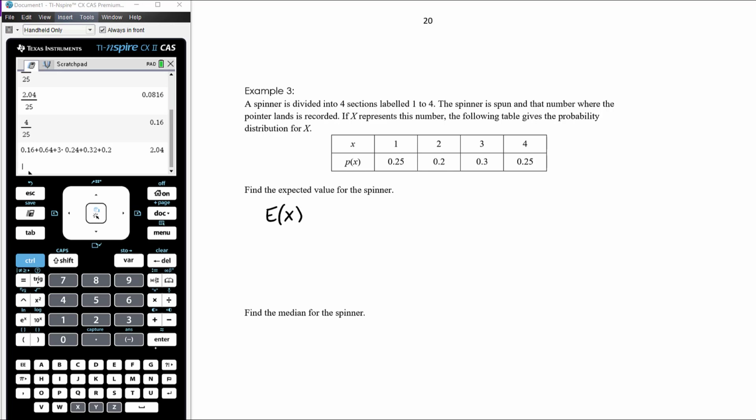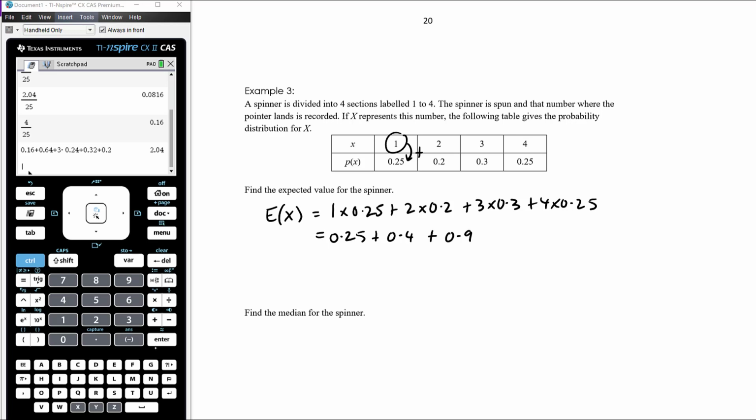So expected value of x, we know we take each data value, multiply it by its probability, and add all of those up. So we're going to have 1 times 0.25, plus 2 times 0.2, plus 3 times 0.3, plus 4 times 0.25. So that's 0.25 plus 0.4 plus 0.9 plus 1. 0.4 plus 0.9 is 1.3, plus 0.25 is 1.55, and plus 1 is 2.55.